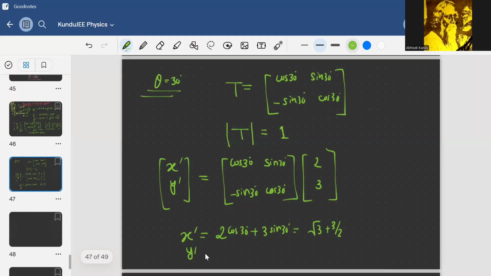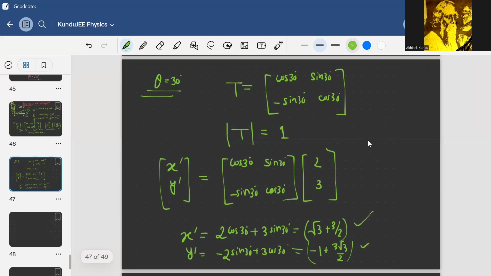Similarly, y dash is going to be minus of 2 sin 30 plus 3 cos 30. That is minus 1 plus 3 root 3 by 2. So same point P is right now being represented with respect to the new coordinate system by this coordinate value.